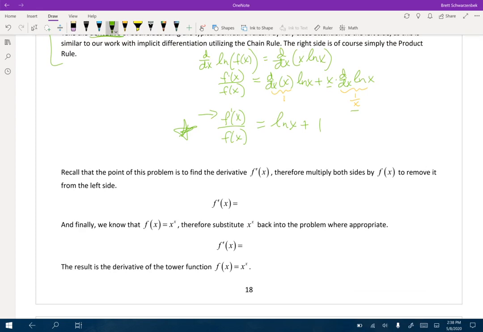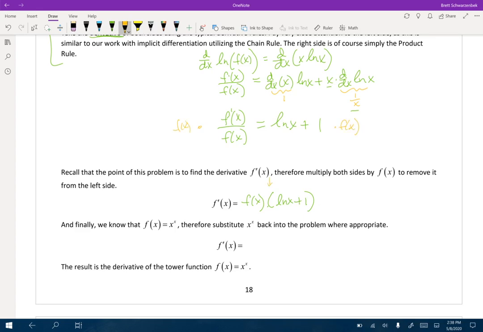How do we get rid of the f of x here? We multiply both sides by it, which is going to give us f of x times natural log of x plus 1. Just to be clear, we're basically multiplying both sides by f of x right here in order to get this.